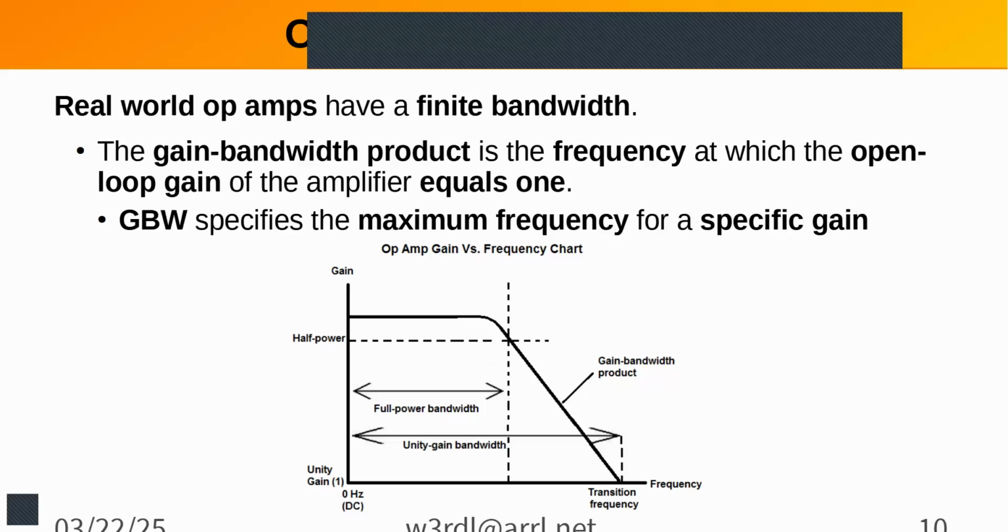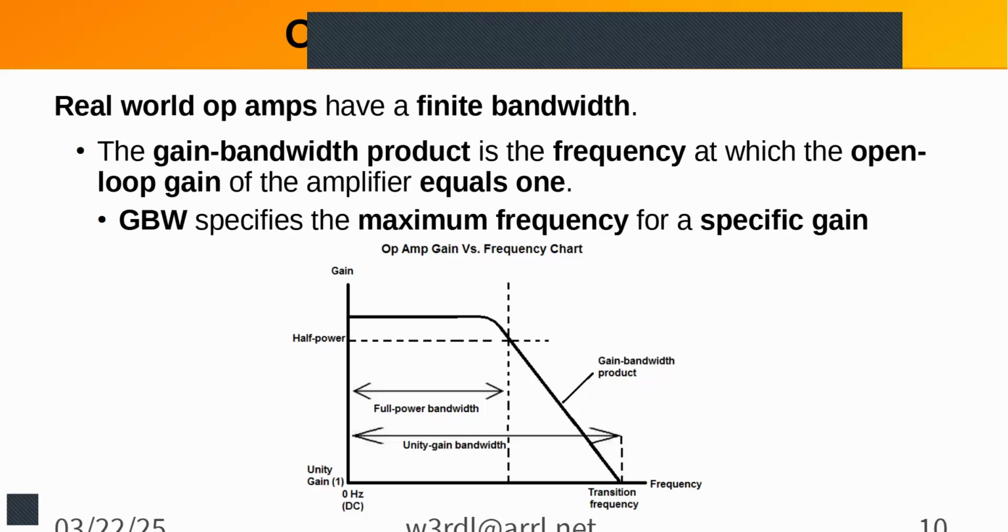If I change the gain to 10, what's the maximum frequency? 1/10 of the gain bandwidth product. It's the product of the two that determines this limit, and that's that curve you see. Now it has some upper limit as far as gain physically. You can only go so far.